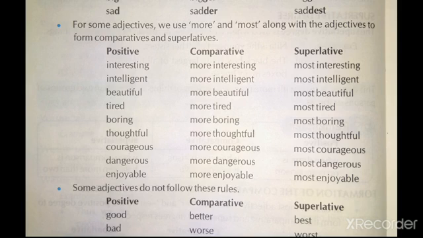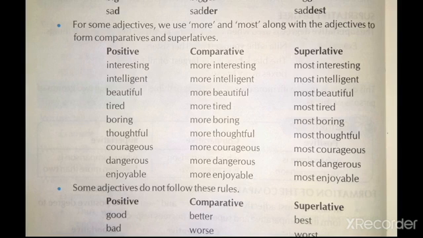Next point. Some adjectives do not follow these rules. Here the word is totally changed while forming comparative and superlative. Some examples are here. Good, its comparative degree is better and superlative is the best.